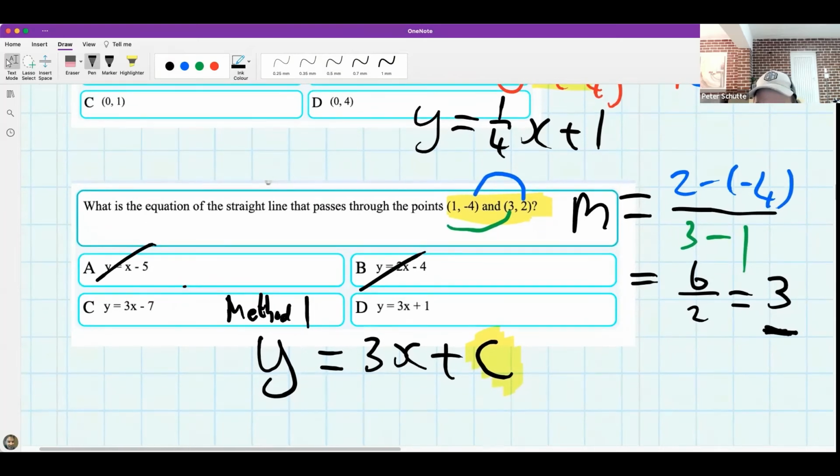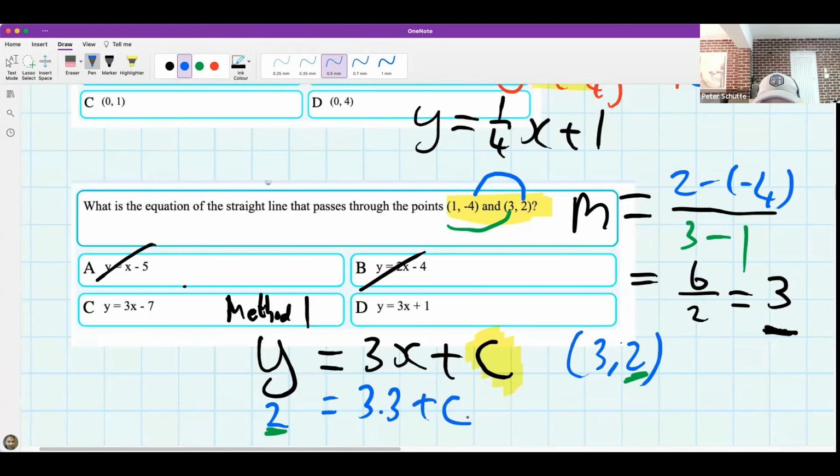So I always choose the easiest of the 2 points. And the easiest point to me looks like 3, 2, because I stay away from the negatives. So if I sub my 3, 2 into this equation, make sure the y goes to the y, you know, the 2 over here goes here. And then I go 3 times 3 plus c.